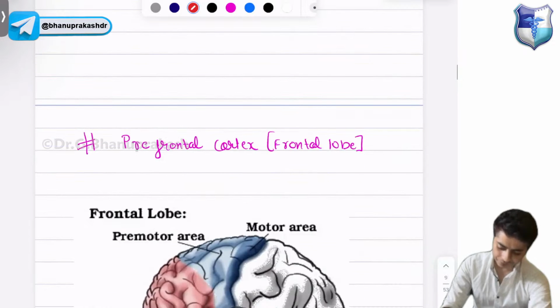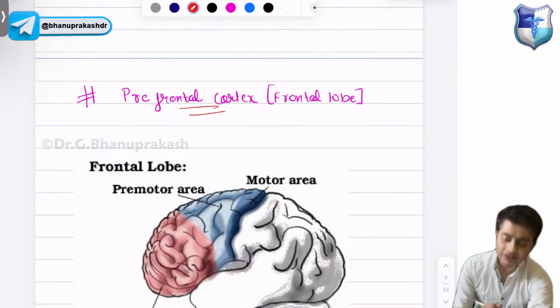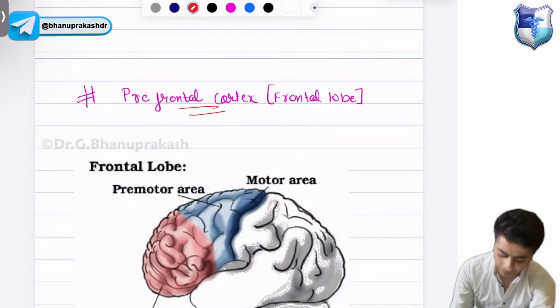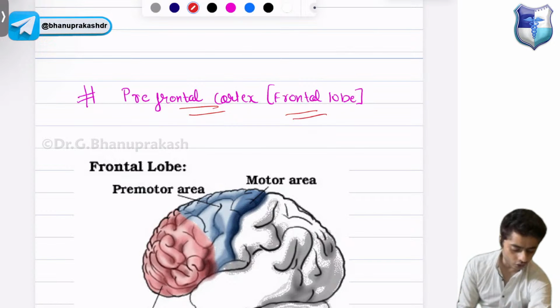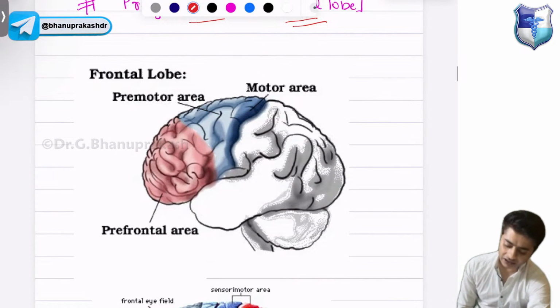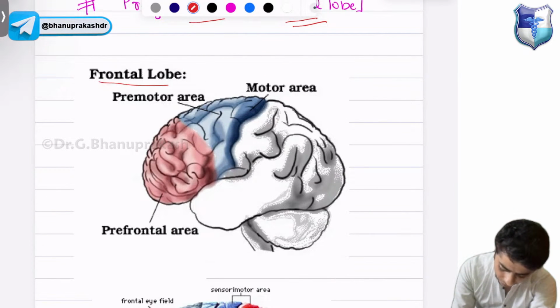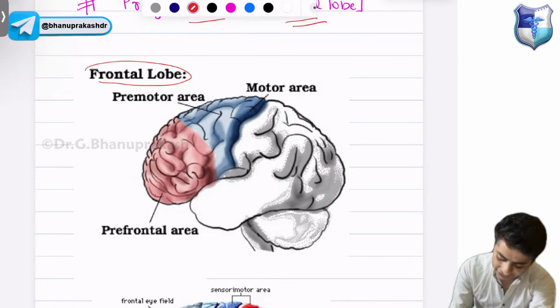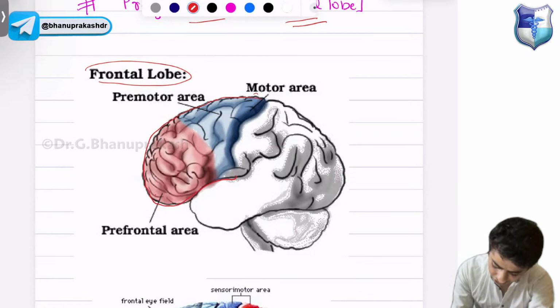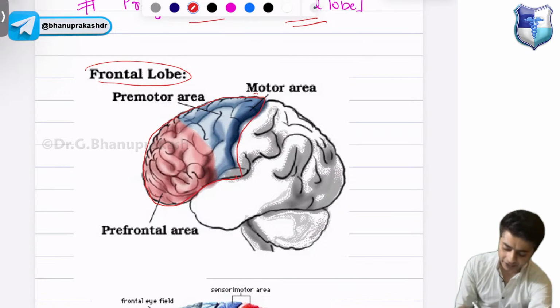So see, the prefrontal cortex is part of your frontal lobe. Okay. So see this diagram. This is your frontal lobe. This red and this blue, this whole is your prefrontal.